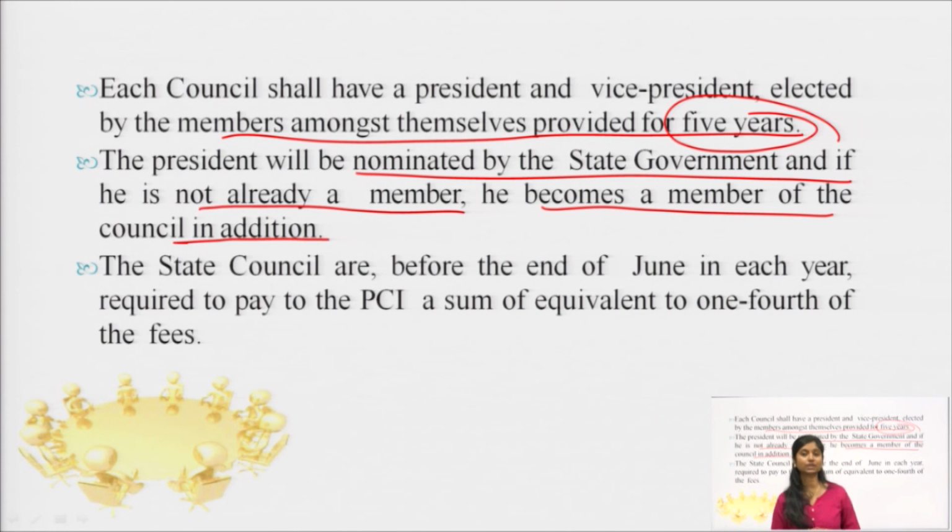If a council is working annually, that is total annual income जो generate हुई है, तो जो फीस आई है total फीस, वो फीस कैसे होगी? तो उस फीस का 1/4 पोर्शन, ये जो 1/4 पोर्शन है इक्वलेंट टू 1/4 पोर्शन, ये उस स्टेट गवर्नमेंट को एज एन फी हमारे सेंट्रल गवर्नमेंट को देना होता है. तो these are some extra points that have to be seen in the context of state government, and you can say State Council of Pharmacy, how does it regulate and give the fee to the central government.